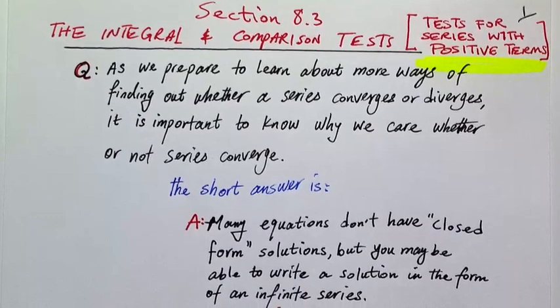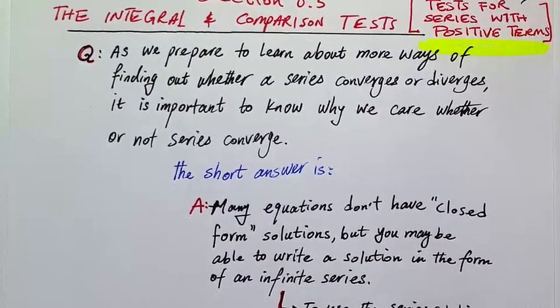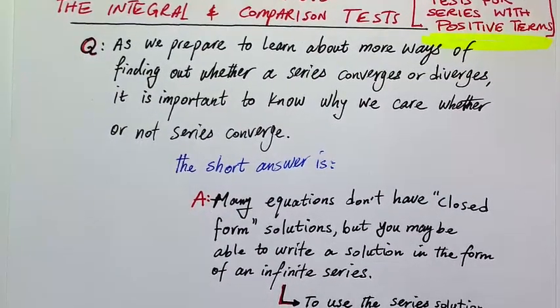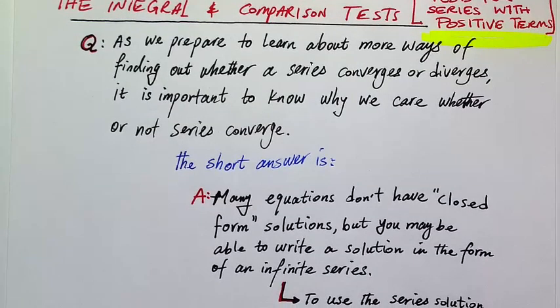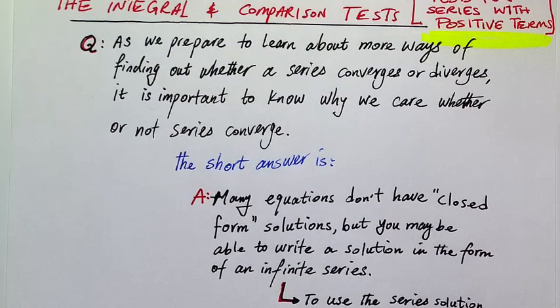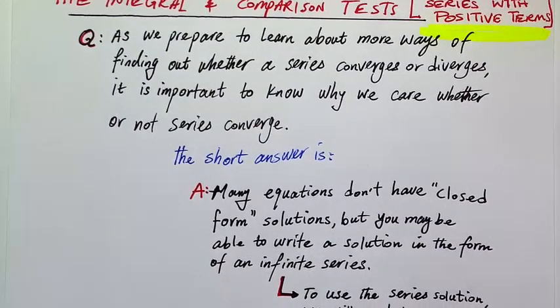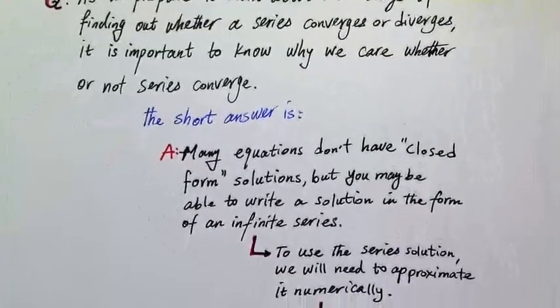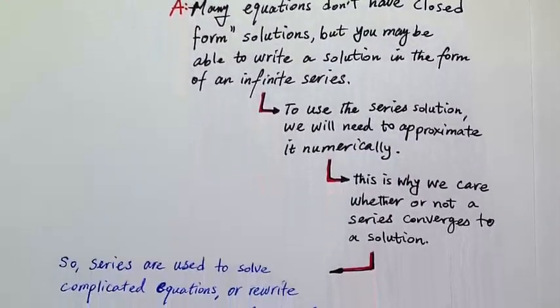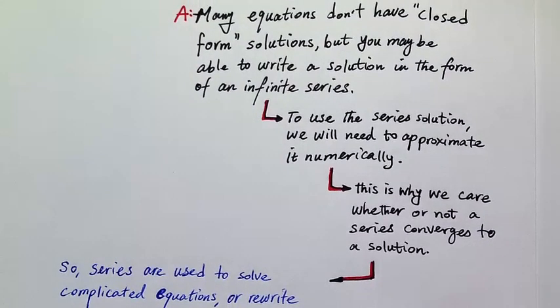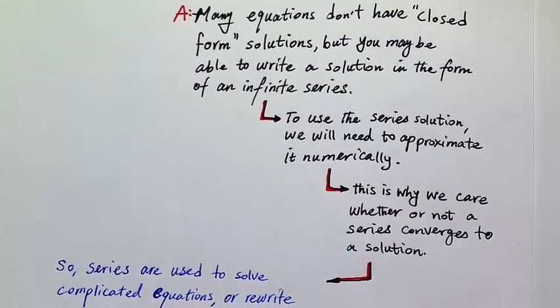But I thought to say a few words about that because the question does come up: what does it matter that a series converges or not? So this is why. We use this for solving complicated equations. And I just included a few words here on the first page, which I will post on Canvas for those of you who are interested.